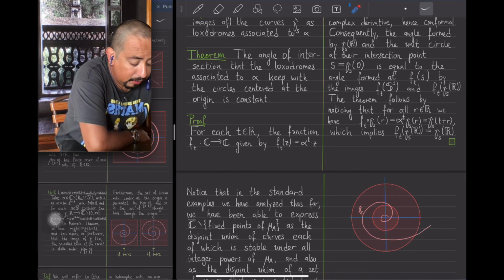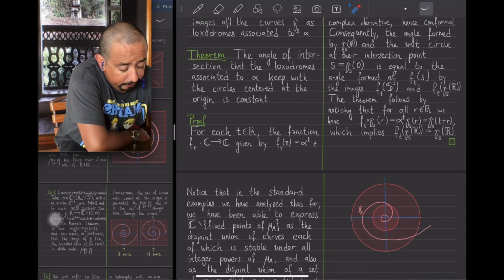So we take one of them, gamma s, and the first thing we noticed was that the curve is closed under multiplication by alpha, right? In other words, if I take any point in the curve and multiply it by alpha, the result is again in the curve.